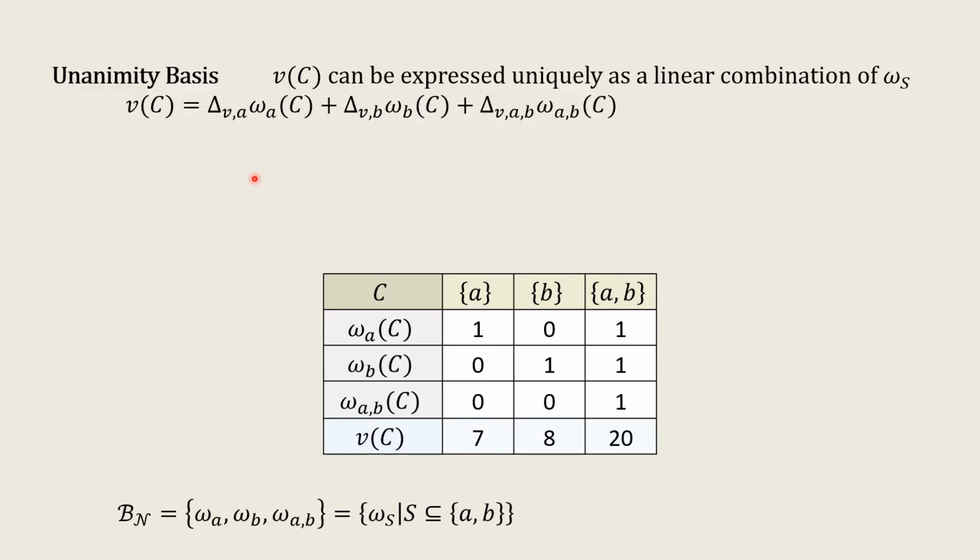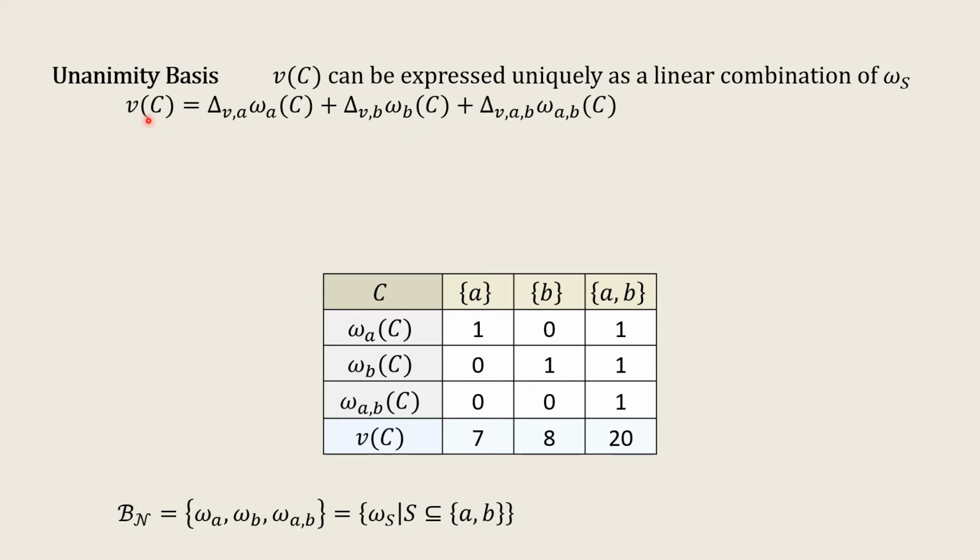Next, I'll demonstrate with the simple example that the value of a coalition can be expressed uniquely as a linear combination of the omega S's. That's why the omega S's are called the basis vectors or basis functions, and B, the set of all unanimity functions, is the unanimity basis.